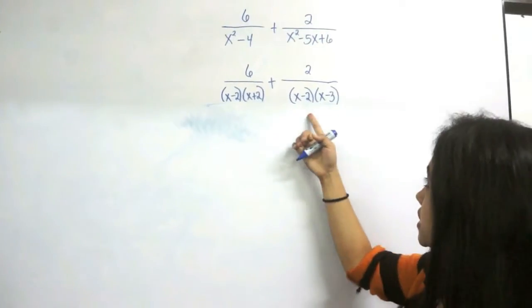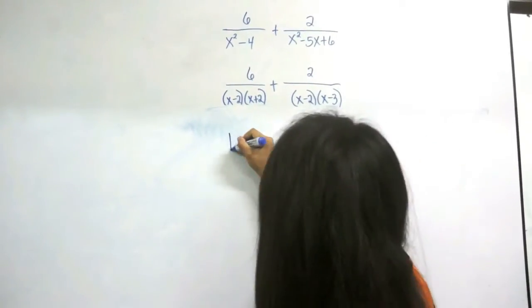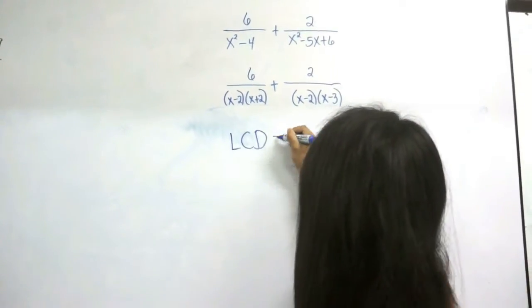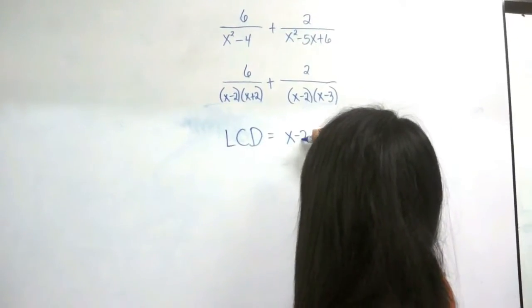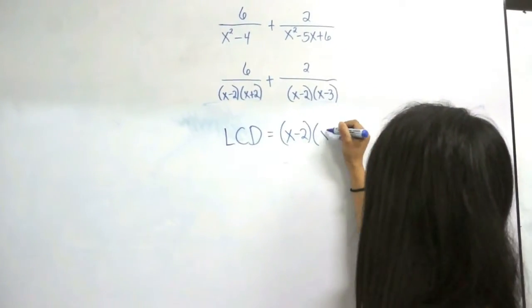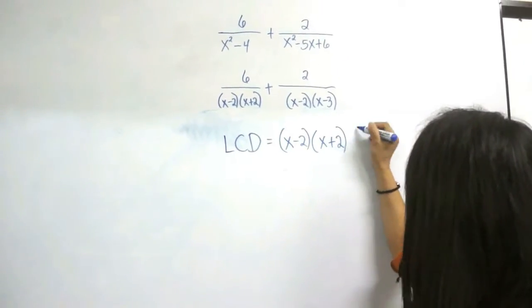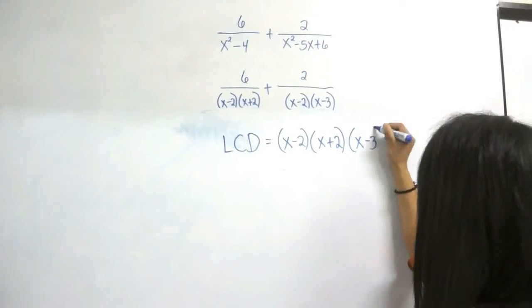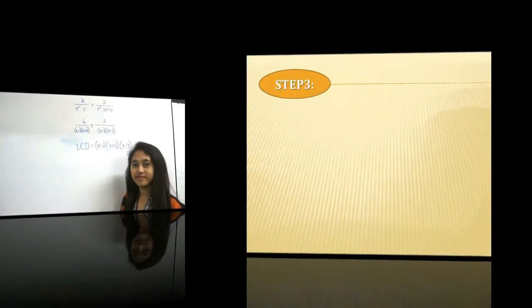Step 2. Find the least common denominator or the LCD. By these factored denominators, our LCD is equal to x minus 2, x plus 2, and x minus 3. Step 3. Find the new numerator for each fraction.